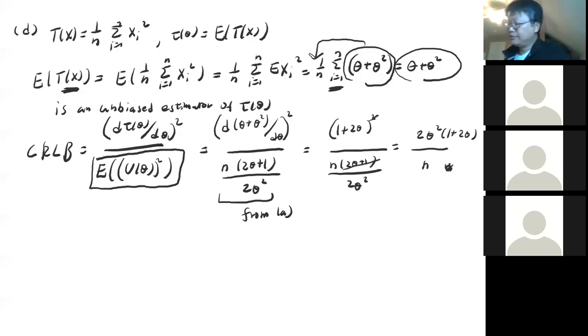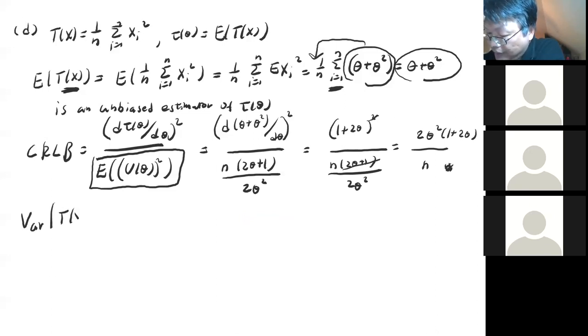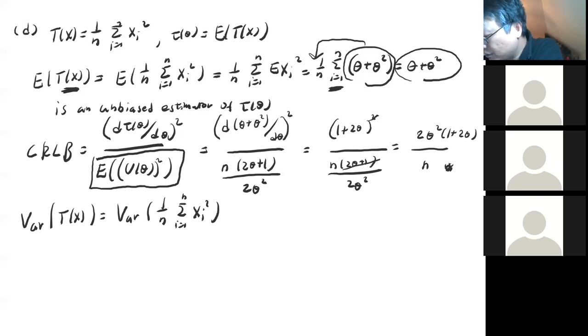And then the next one is much more tedious. You are trying to find what the variance of Tx would be. That means it's the variance of 1 over n times the summation from i equals 1 to n of xi squared. Okay?